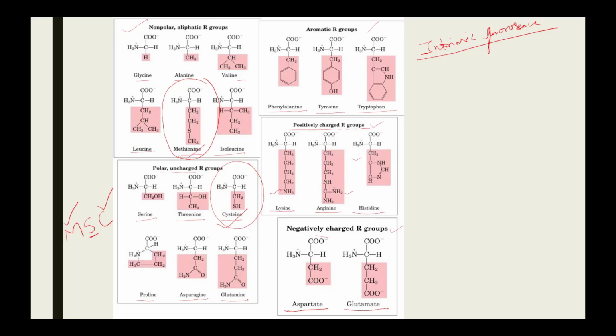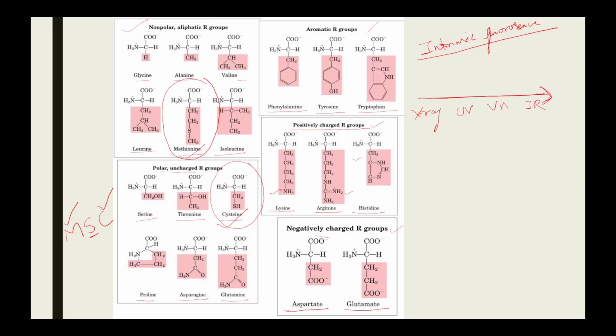Okay, so we all know there are different lights like UV light, X-ray light, visible light, infrared light, and so on. So these are the spectra.